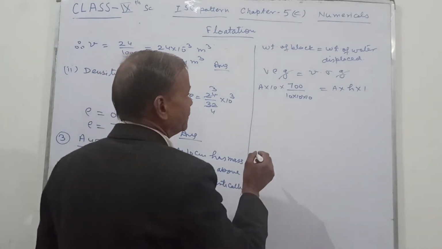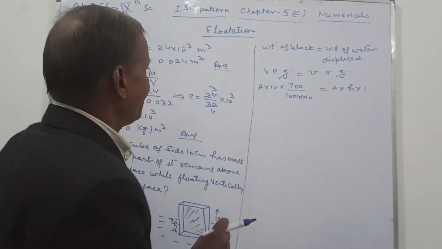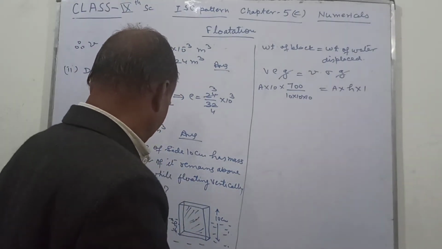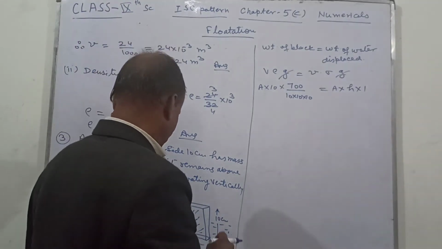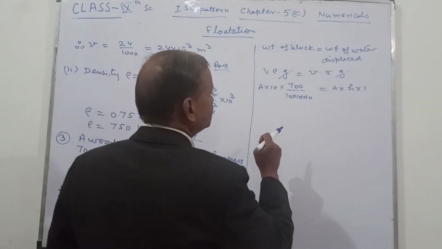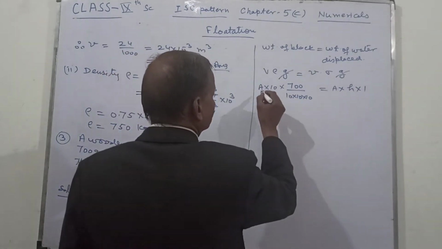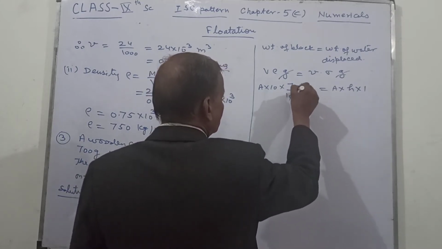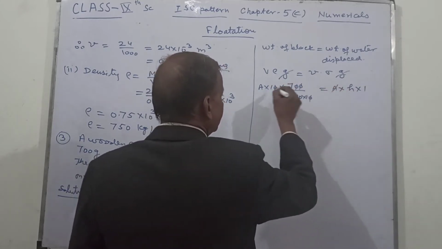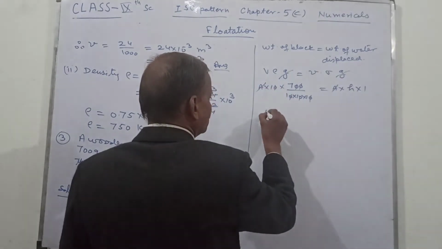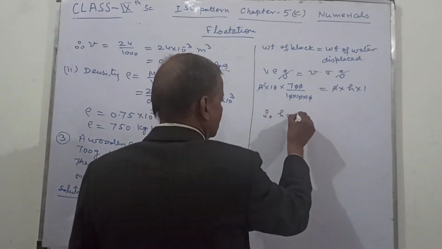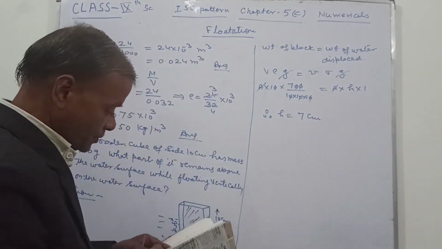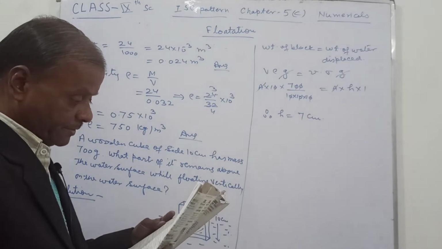Then 3 zeros will cancel, and A and A will cancel, so H is equal to 7 centimeter. So inside the water it must be 7 centimeter.